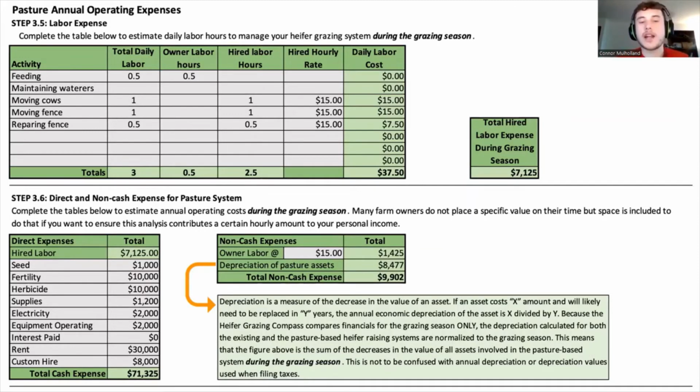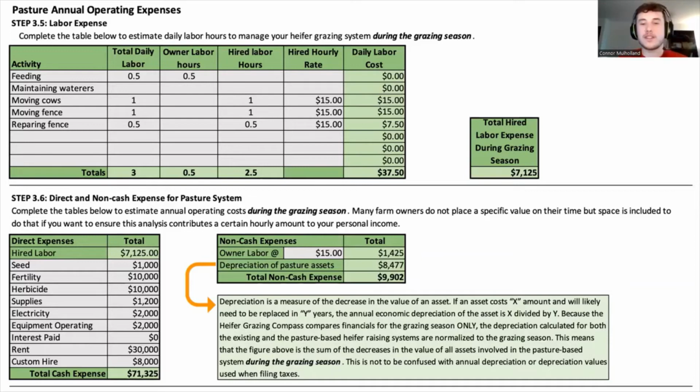And then you have your non-cash expense, which is owner labor and depreciation. Depreciation we calculate from above, and then owner labor you can assign an hourly wage that you want to give yourself. Since this isn't a direct cost, everyone can value their time differently.